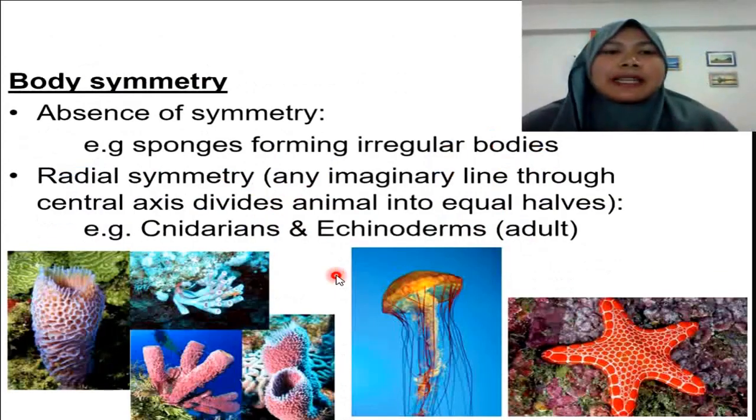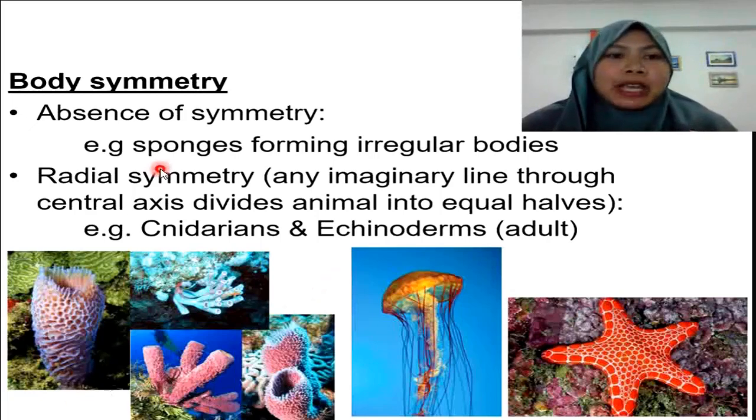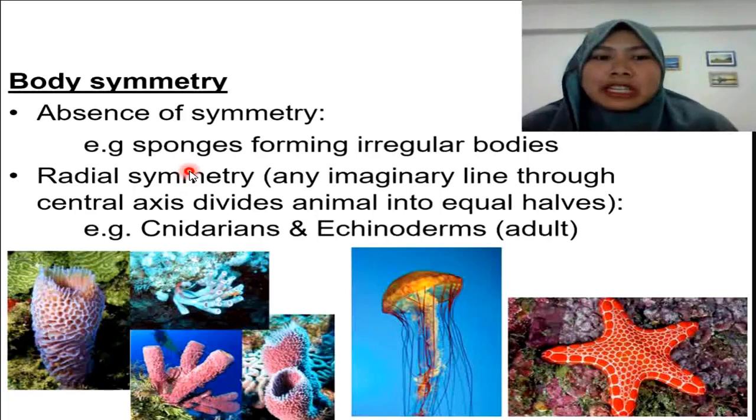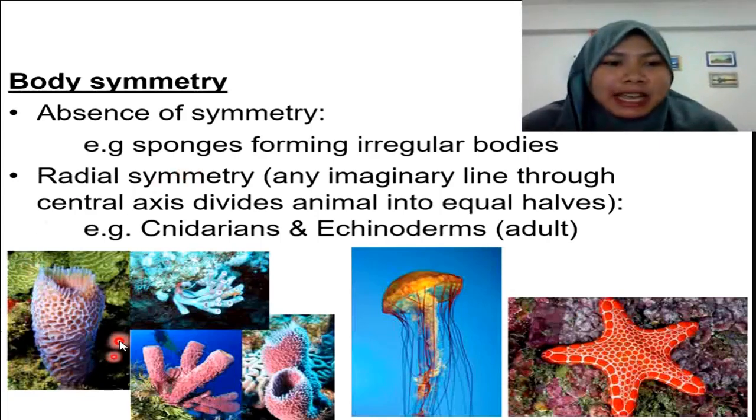I will start first with body symmetry, where animals are characterized or categorized. Like I said, some animals have an absence of symmetry, meaning they do not even have a definite shape, for example sponges. The SpongeBob that you see in the cartoon is not the real sponge. The real sponges have this kind of shape, so please bear that in mind.